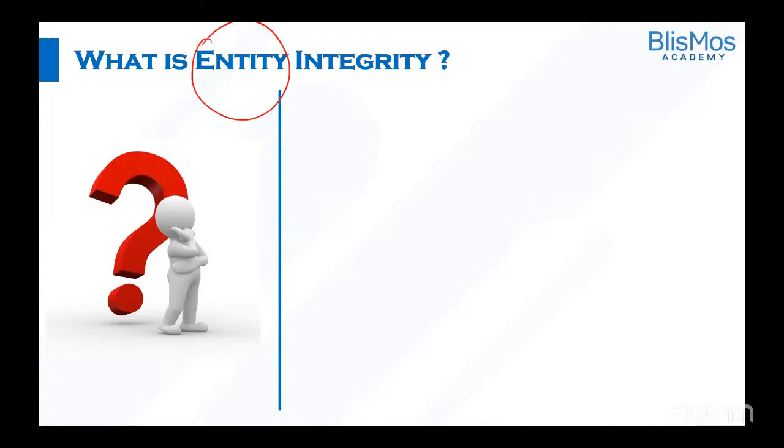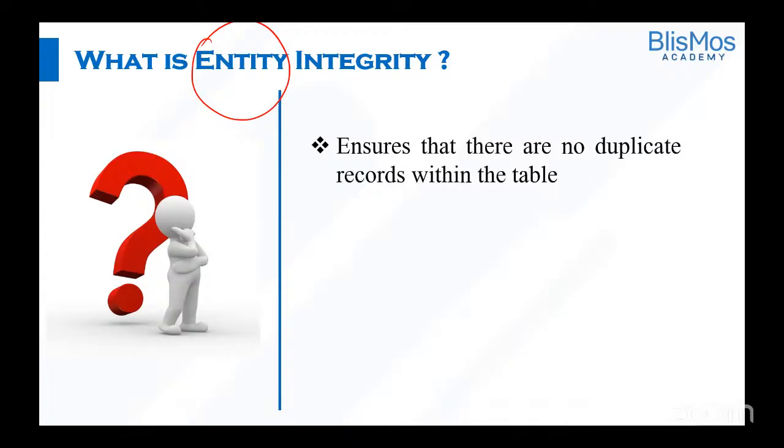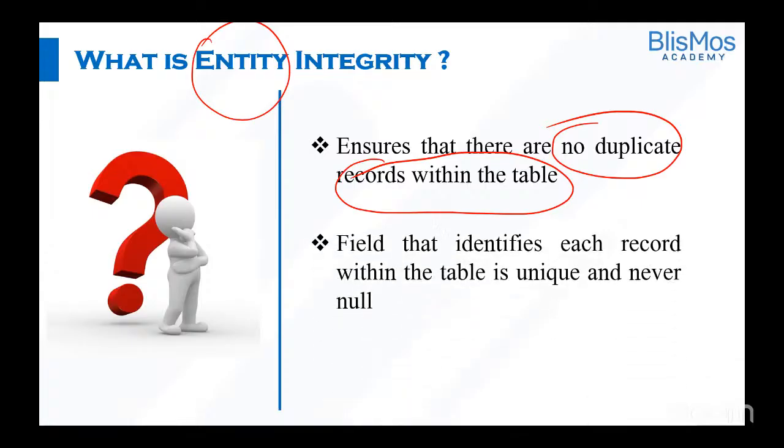Any thoughts? So basically, integrity of the table, as we already know, there should not be any duplicate records within the table. That is another important aspect. Whatever the field, which is also one more name for the column, that identifies each record should be unique and never be null.